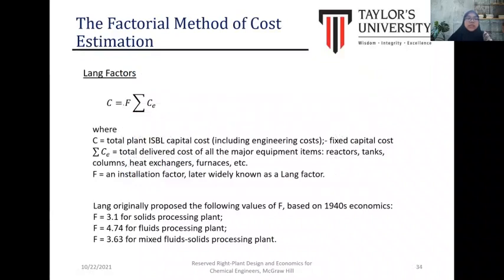C is the total plant cost for the inside battery limit. For the Lang factor, it depends on the processing plant, whether solid, fluid, or mixed. So you can use the Lang factor or installation factor times the cost of the equipment to give you the total cost for the inside battery limit.